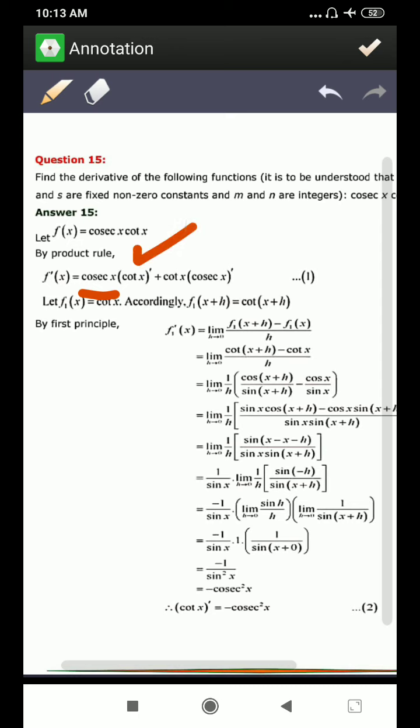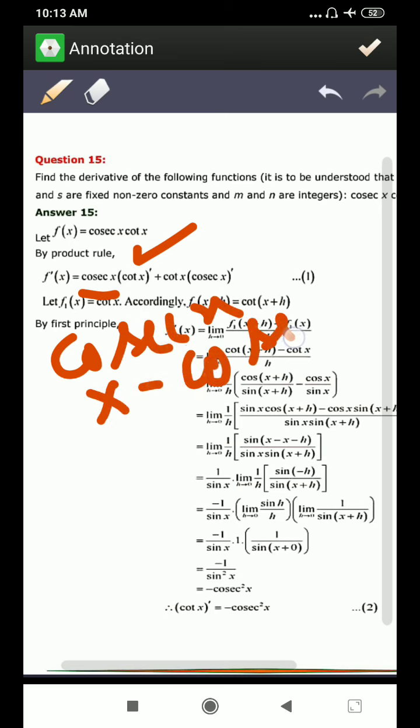So it will become cosec x as it is into minus cosec x cot x. Oh, sorry. Differentiation of cot x is minus cosec square x.